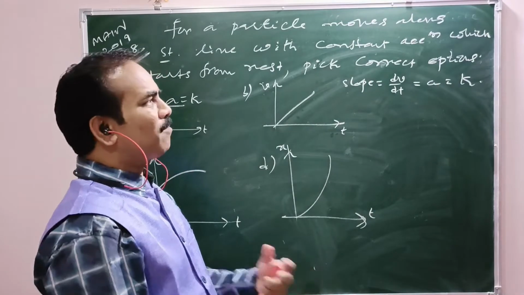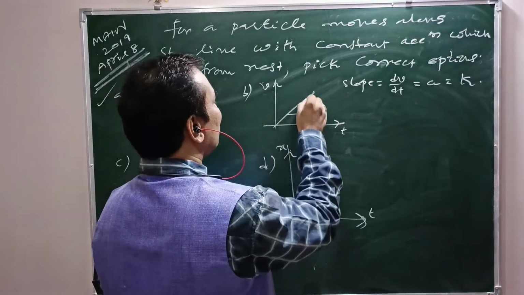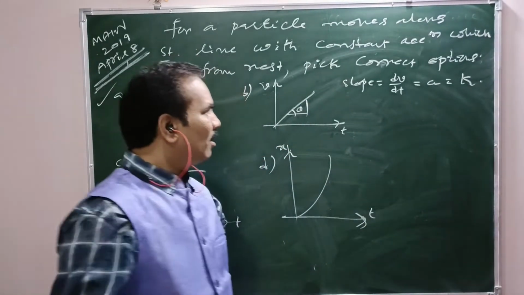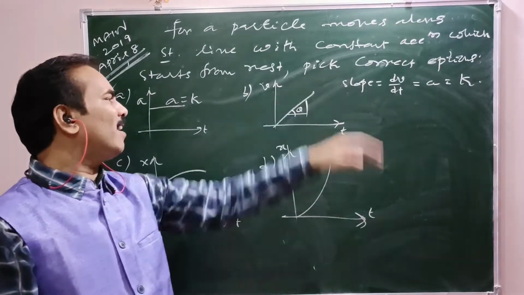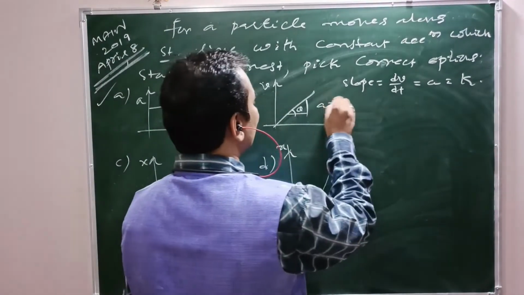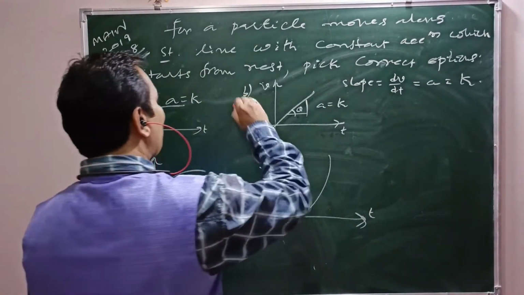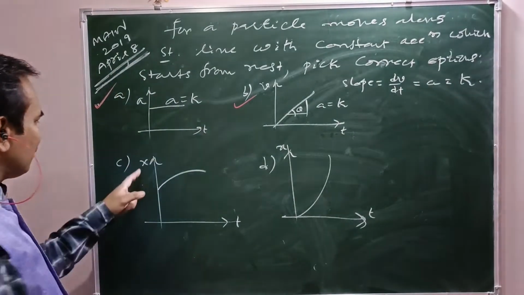If I calculate the slope here, it is constant all along its length. So this is also valid. The V versus T graph is a straight line, meaning acceleration is constant. Option B is also correct. Option A is also correct.